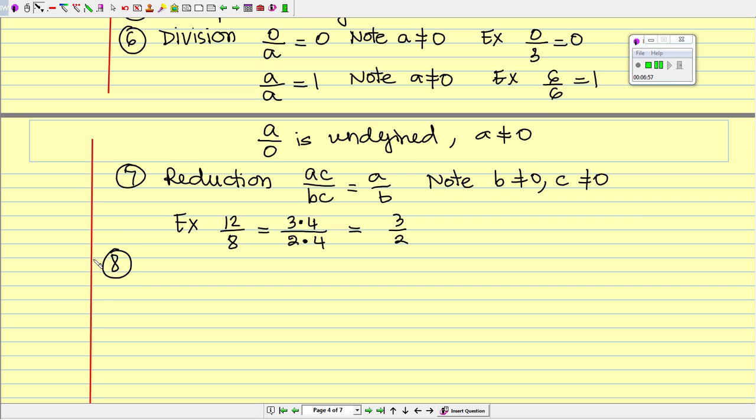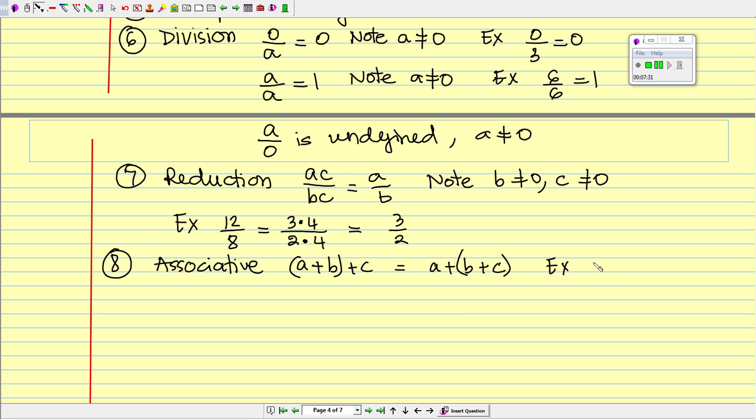Property number 8. It's called associative. So let's start with the sum. This is the sum of 3 numbers. We can go ahead and associate, or group, the first 2 numbers first. It will be the same thing as the same 3 numbers, but you are going to find the sum of the last two numbers first.